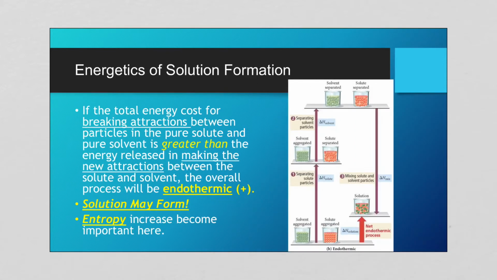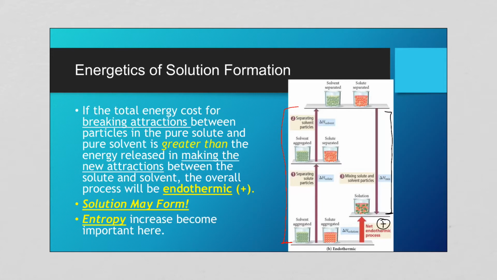How about example number 2? Here it takes more energy. We have to put in more energy to break our solute and to break our solvent, and we don't recover enough energy from our mixing, from making our new solute-solvent interactions. So we end up with a deficit. In other words, it costs more energy than what we recover, and so we get an overall endothermic process, a positive change in enthalpy.